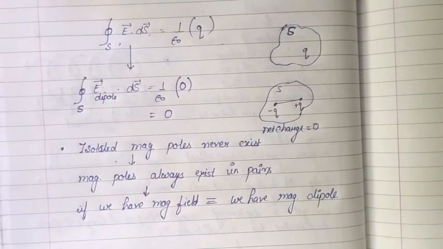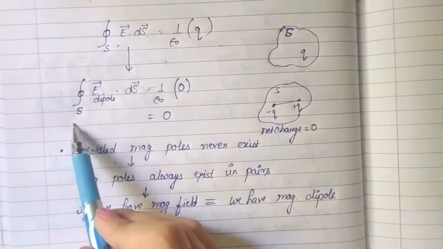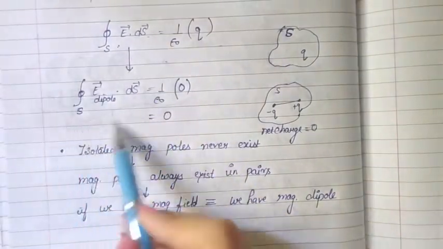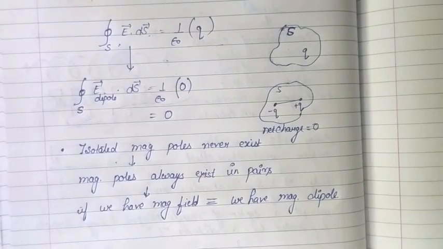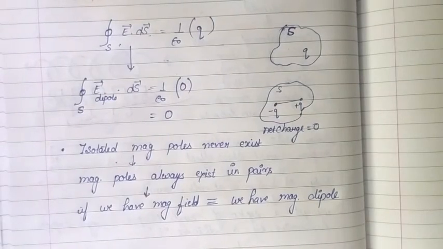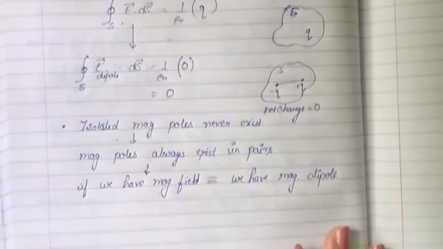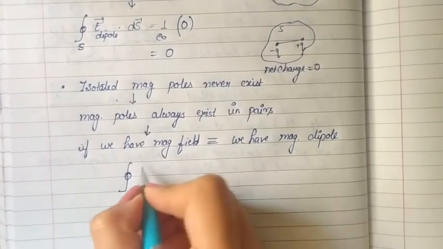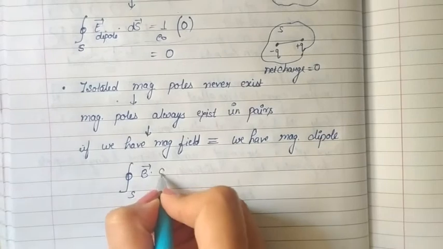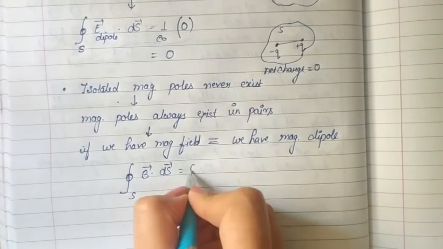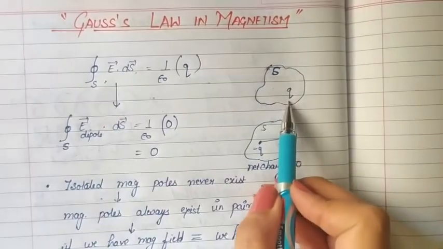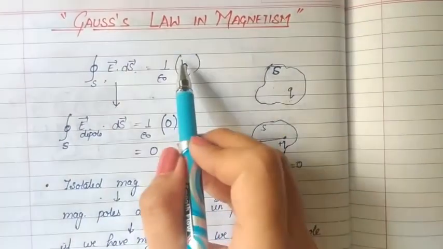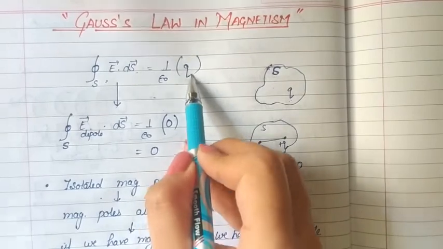So from the above equation, for a magnetic field, the same law can be written as the surface integral of magnetic field is also equal to 0. Now in case of electrostatic field, a single charge can exist. So if we have a single charge, it is 1 upon epsilon naught times that charge.